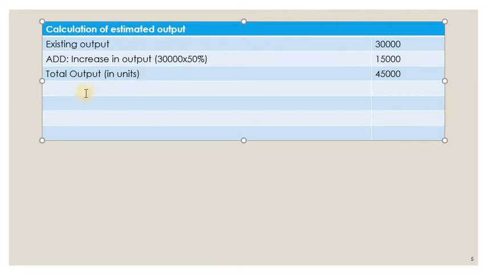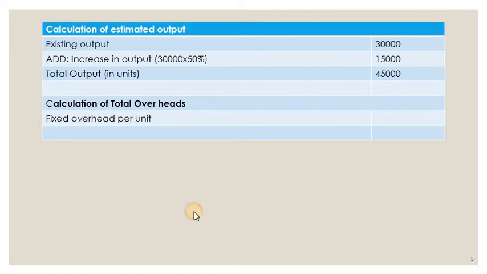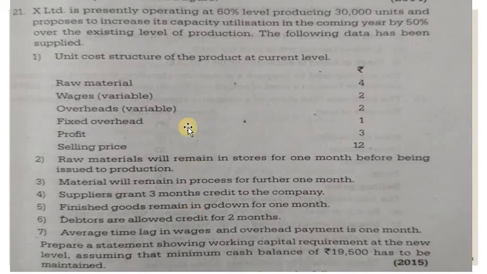Next we have to do the calculation of total overheads. When we calculate the total overheads, it includes fixed cost and also variable cost. Let's take the first one, fixed, because it will remain fixed. Fixed overhead per unit is how much? Let's go to the problem. Fixed overhead is 1 rupee for the existing units, that is 30,000.